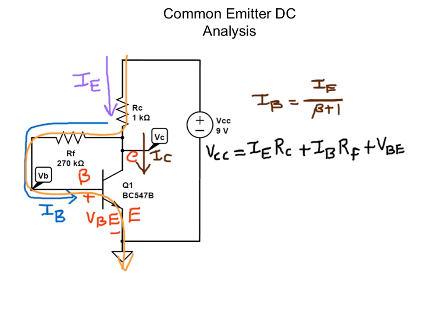So substituting the base current into this equation, we get VCC equals IE RC plus IE by (beta plus 1) times RF plus VBE.